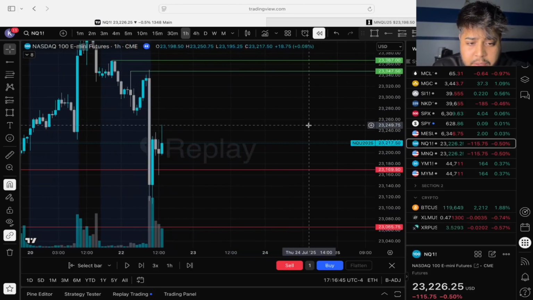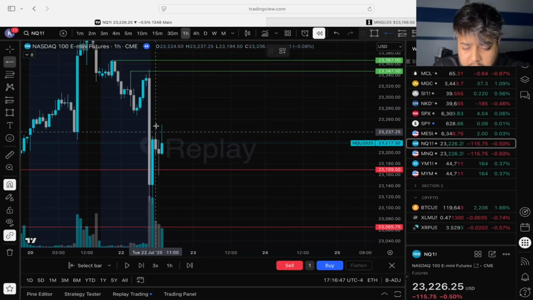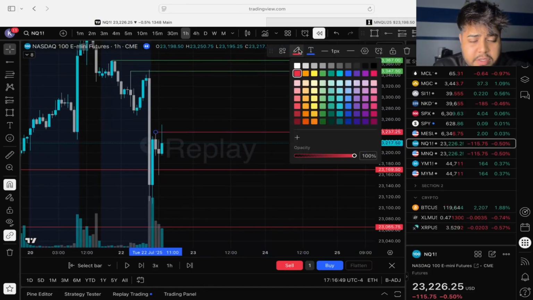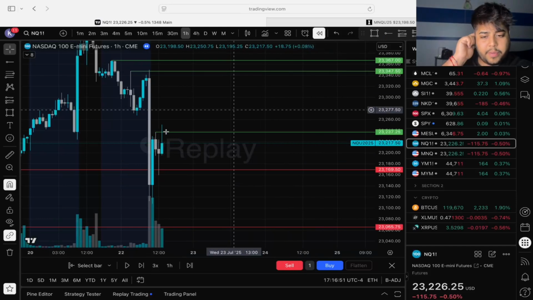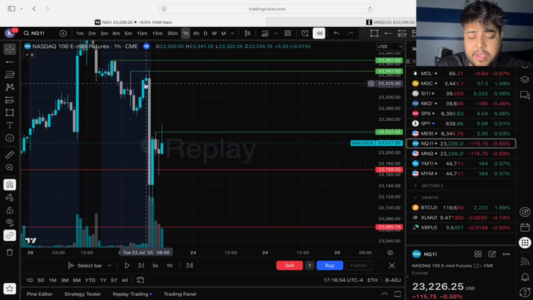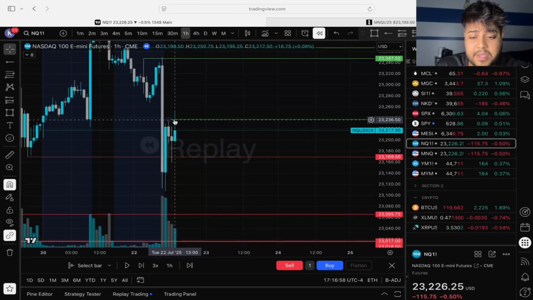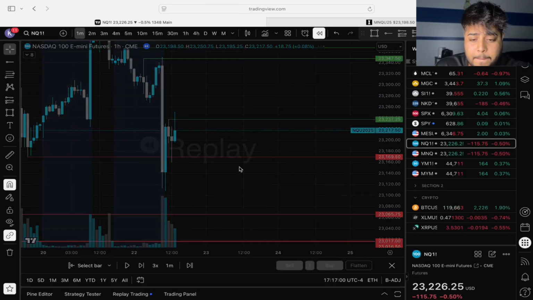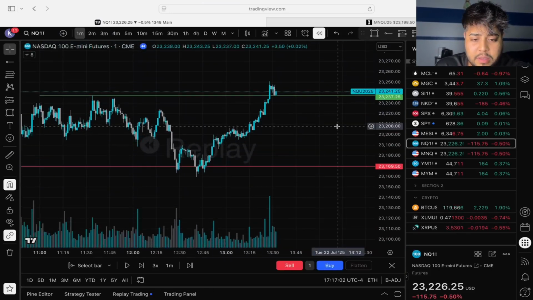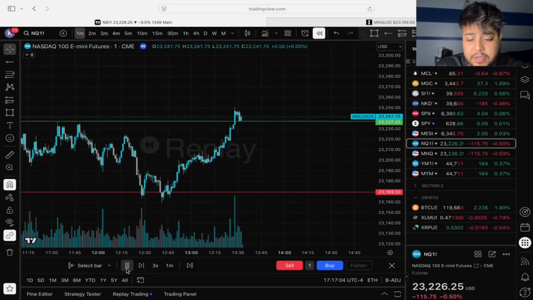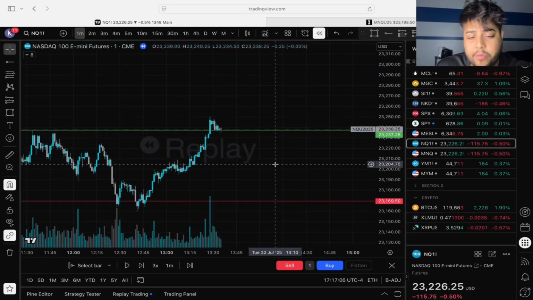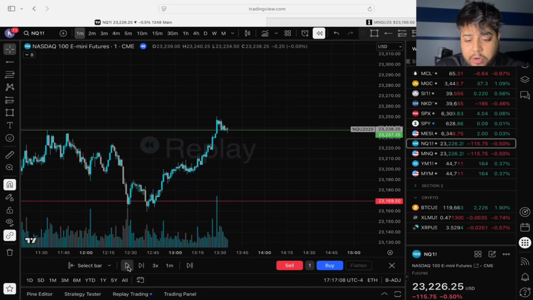My hourly chart actually made another liquidity level up here, and it also has a 1 hour fair value gap. So it actually swept this area and it reversed. So I took profits and then I reversed my position.